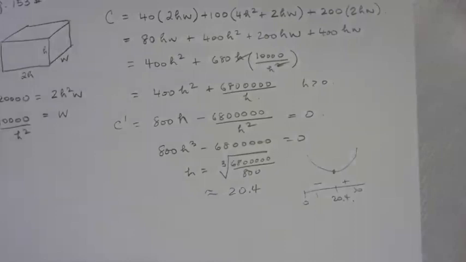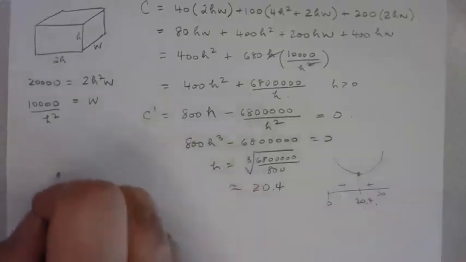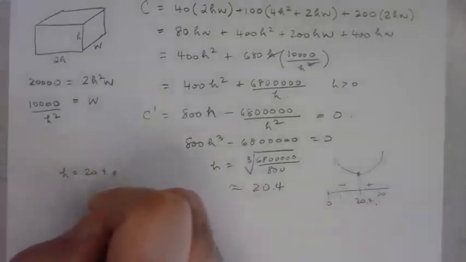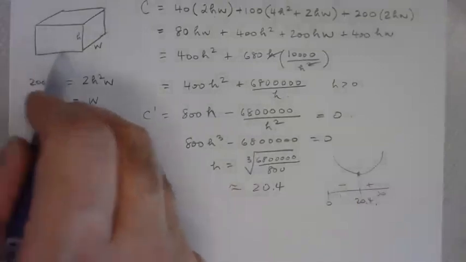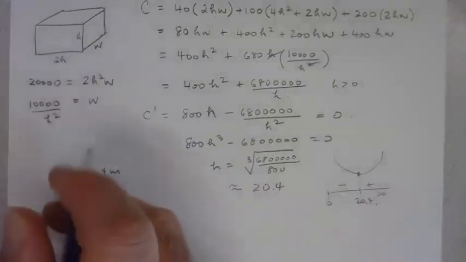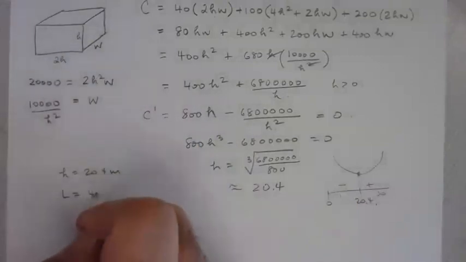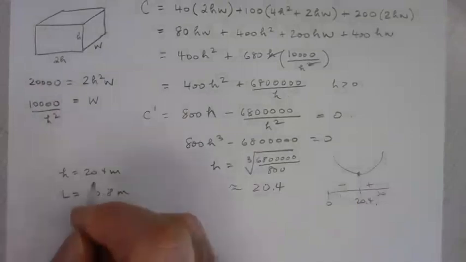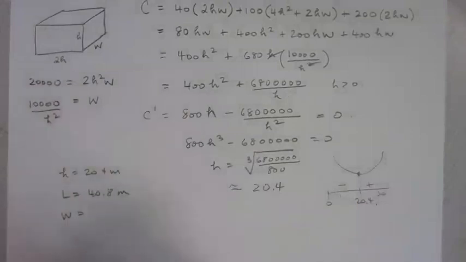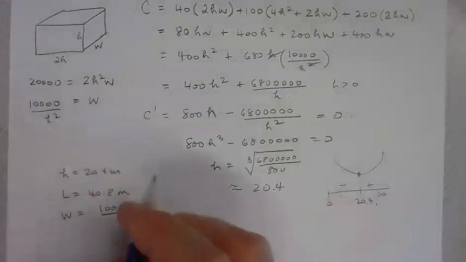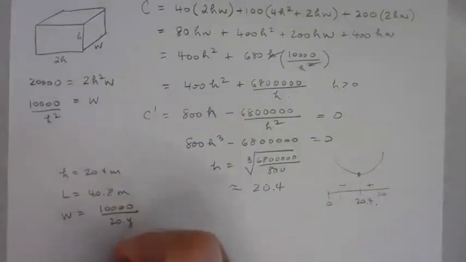Let me go back to the question and see what they're looking for. Find the interior dimensions. So we have that the height is 20.4 meters. The length was 2 times that, so that would be 40.8 meters. And then the width is going to be 10,000 over 20.4 squared.